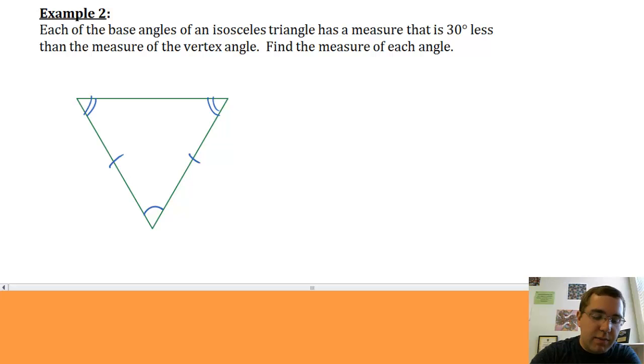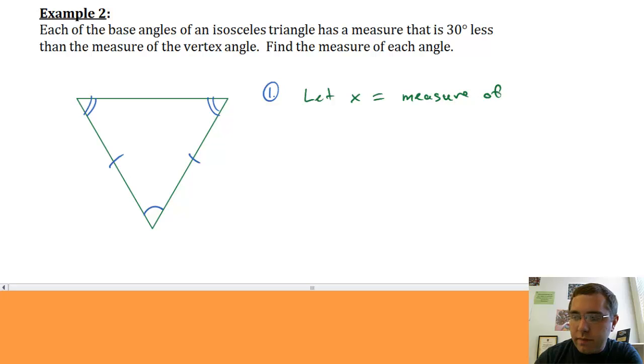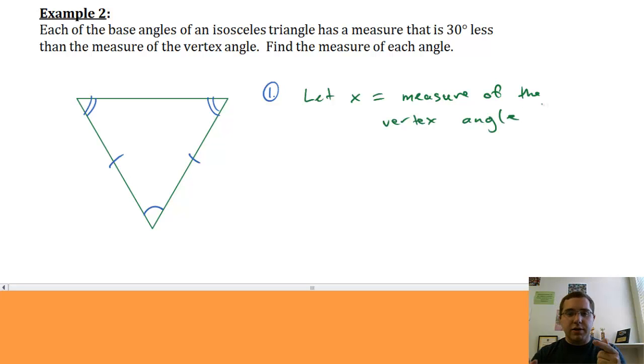So step 1 is define my variables. Let x equal the measure of the vertex angle. Why the vertex angle? Because I know the other angles in terms of the vertex angle.